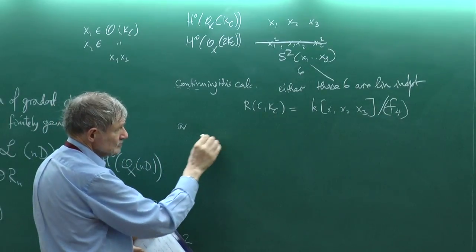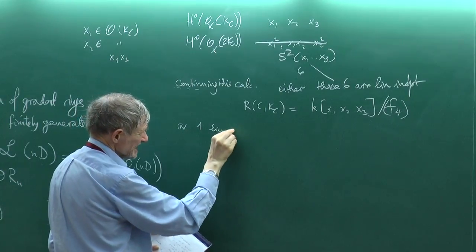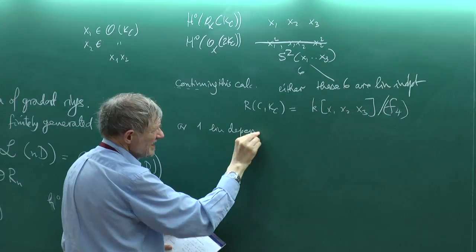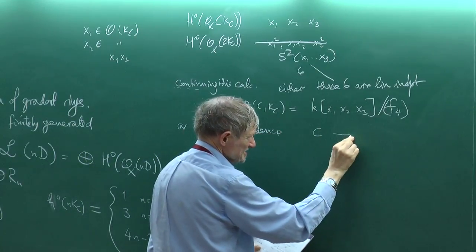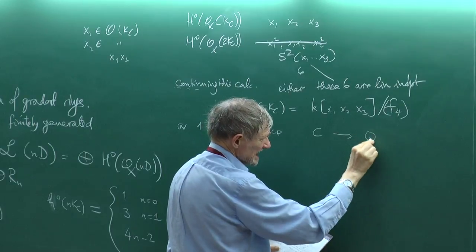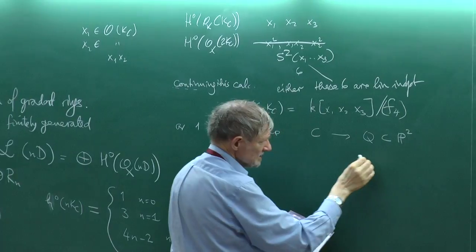Or, so there's one linear dependence relation, meaning that C maps to some conic in P2, right?